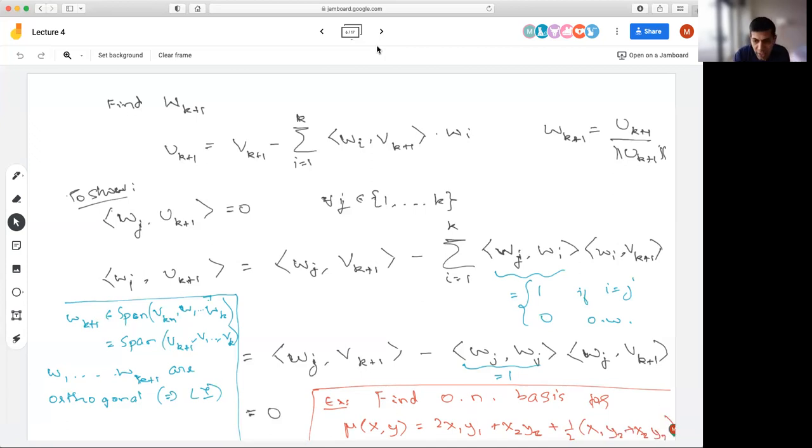So the example we saw earlier, maybe it's good to try and find an orthonormal basis for it.